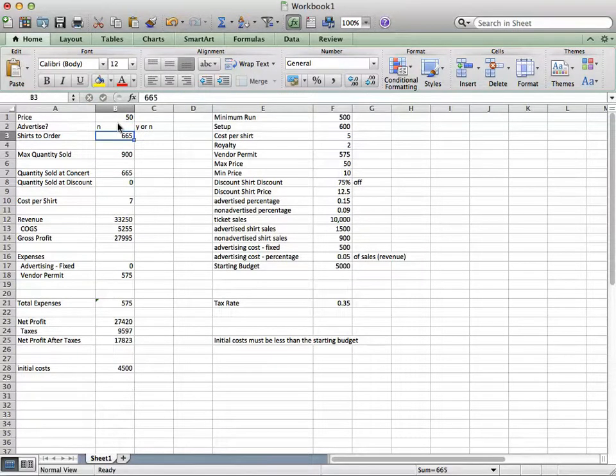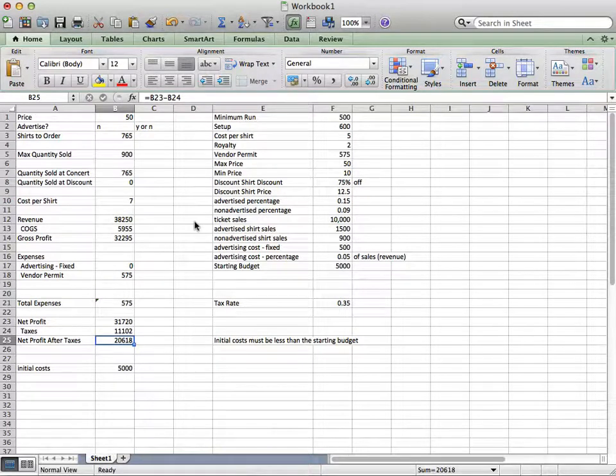If instead I decide not to advertise, which means I can order more shirts, which gives me a total 765 shirts, gives me a total profit of $20,600.